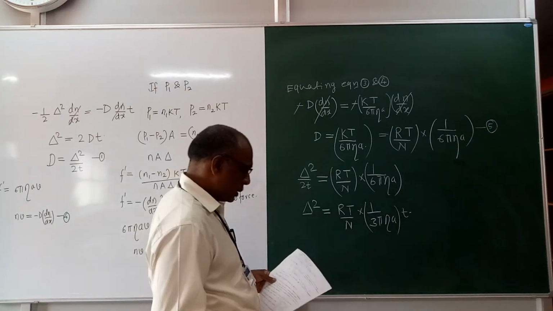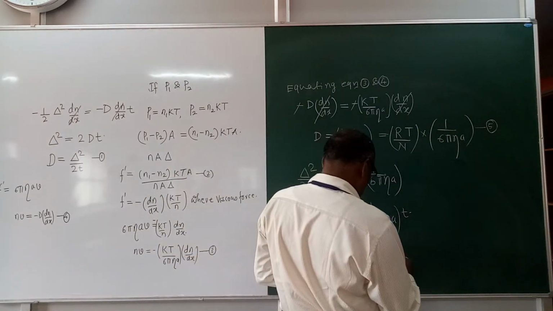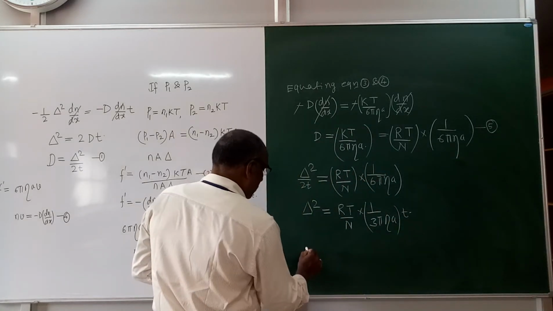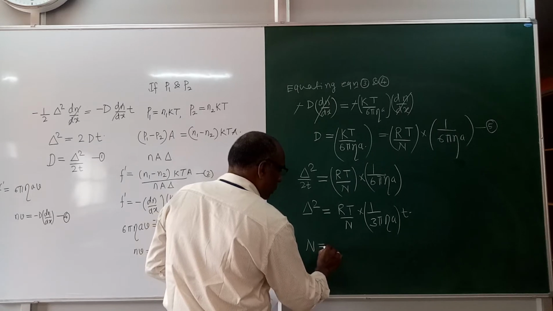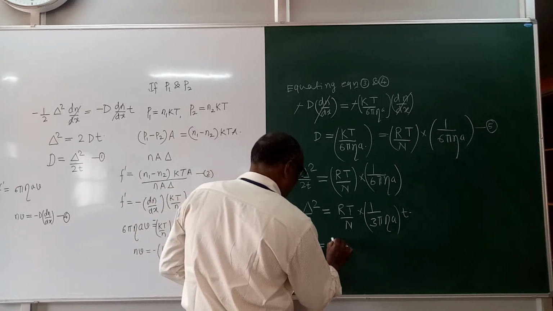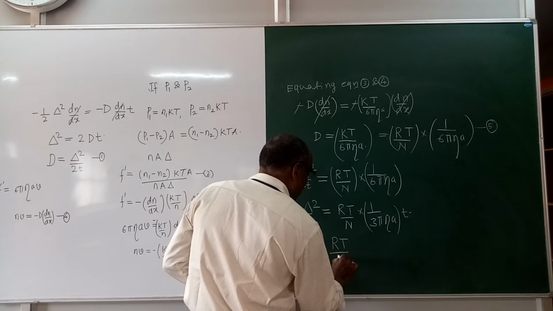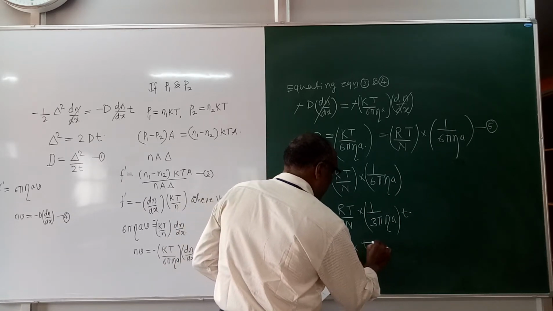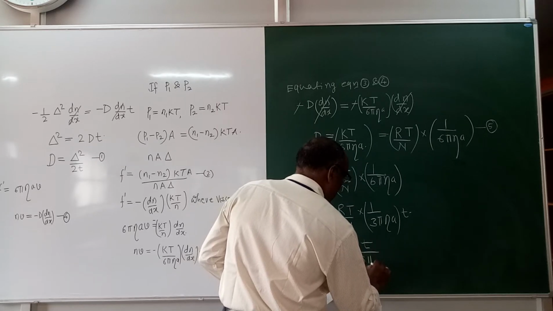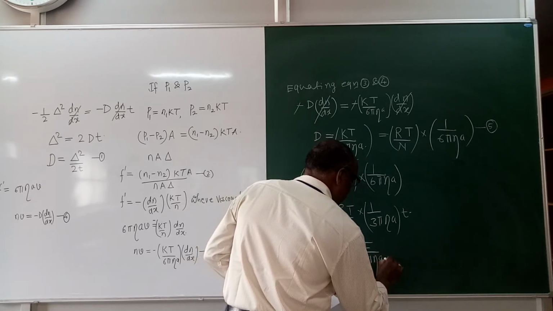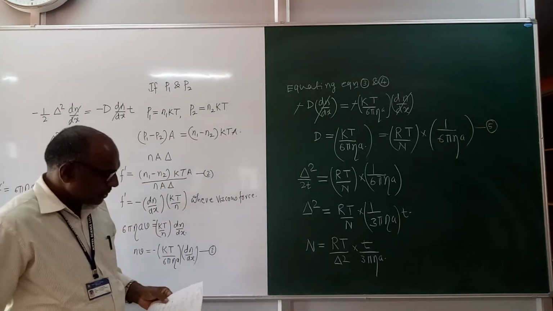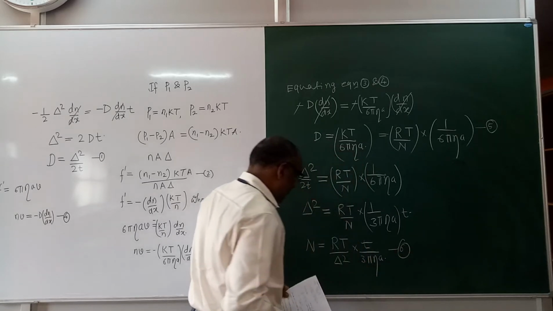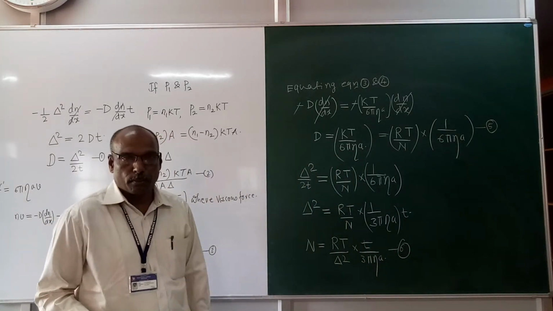Now from this expression, let me call this equation 6, solve for N, the Avogadro number, that is RT upon del square into t divided by 3 pi eta a. So equation number 6 gives us the Avogadro number.